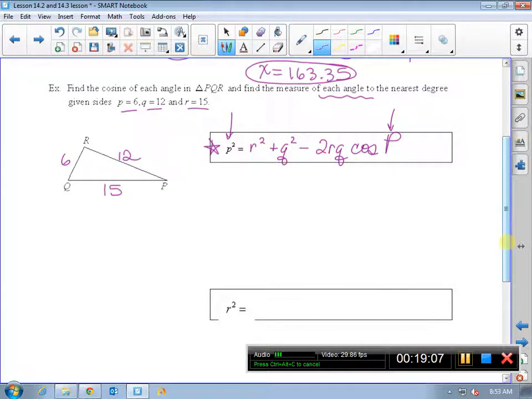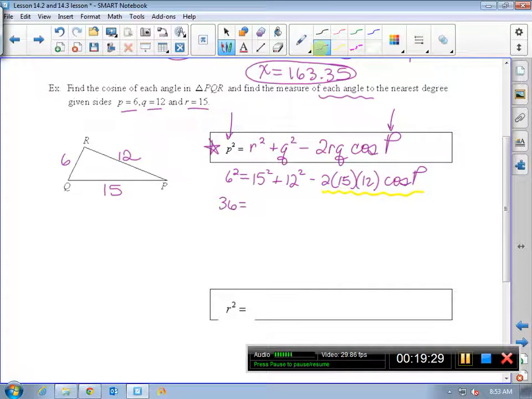Let's fill in. 6 squared equals 15 squared plus 12 squared minus 2 times 15 times 12. And we don't know the cosine of P. And be careful, because all of this is one term. You'll see what happens there.